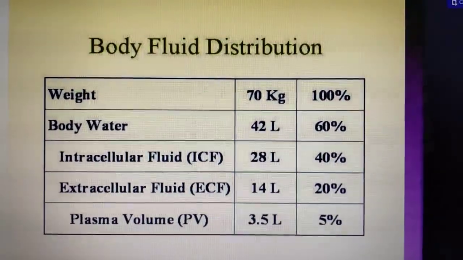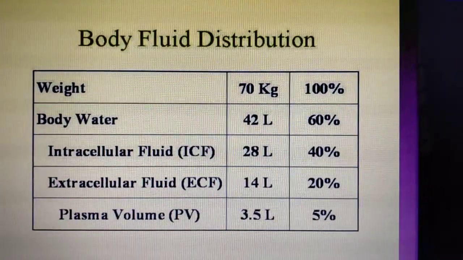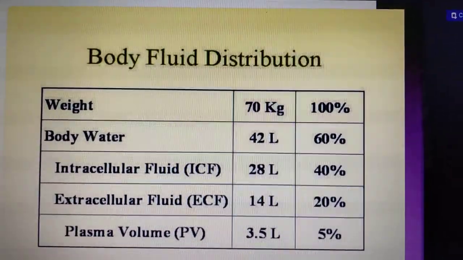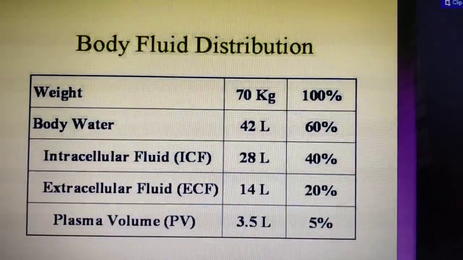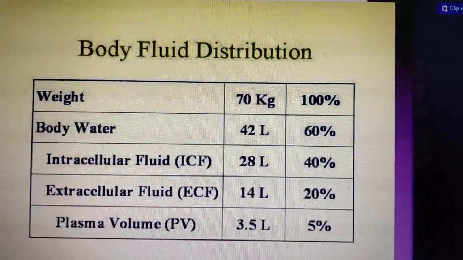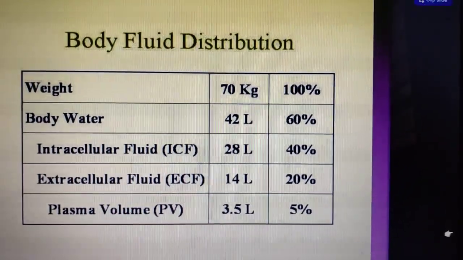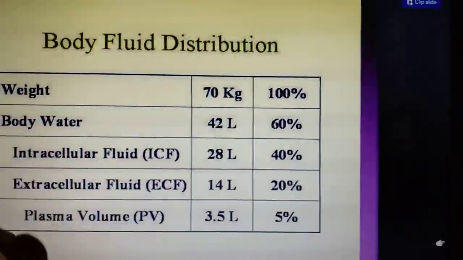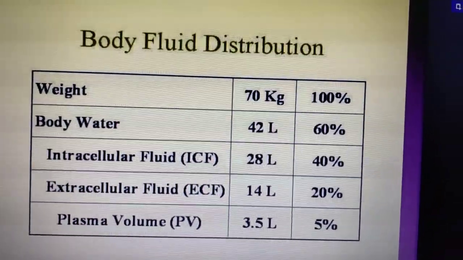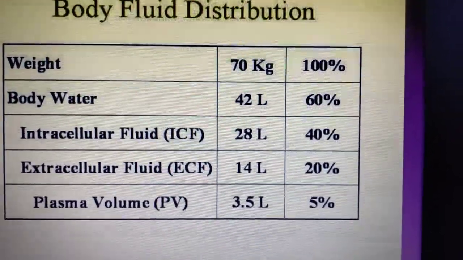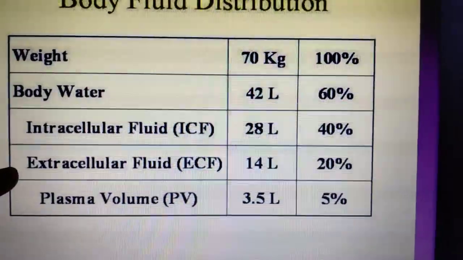How is the body fluid distributed? For example, take a 70 kg person. Think of 100% of total body fluid, how is it distributed? I have discussed in the previous slide what we mean by intracellular and extracellular, isn't it?